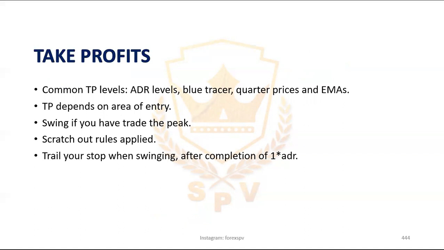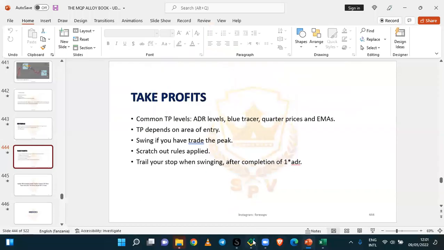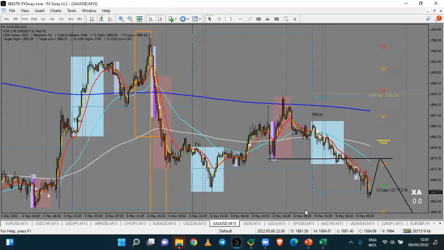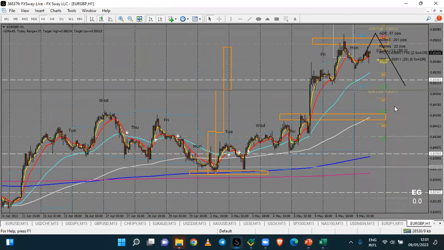For example, if I anticipate a Euro Pound trade, perhaps we expect the first area to be hit would be this quarter. So we would put our first TP here, where the ADR low is also there. And the second TP should be at this exponential moving average here, where we expect our peak reset.